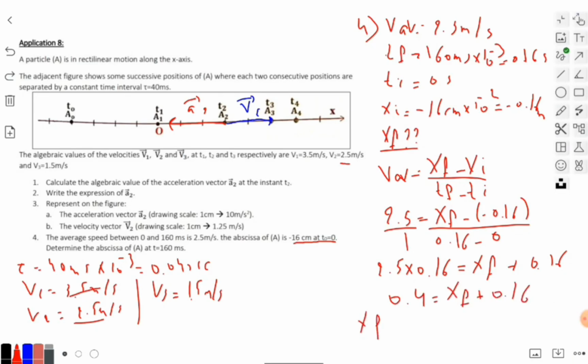Then x final equals 0.4 minus 0.16, equal to 0.24 meter. It is equal to 24 centimeters, from meters to centimeters times 10 to the power 2.